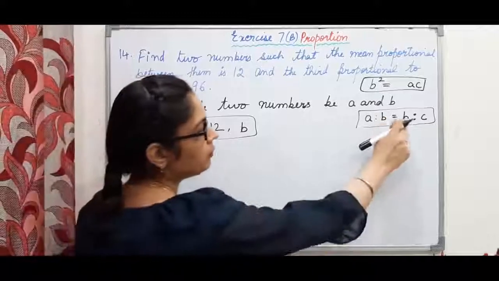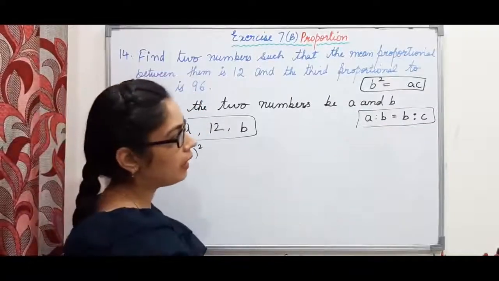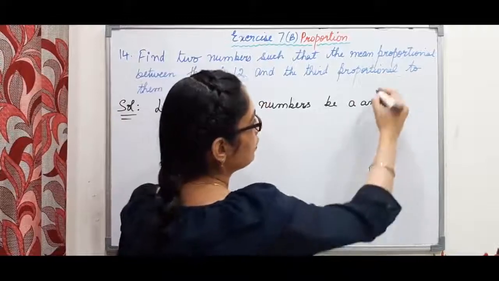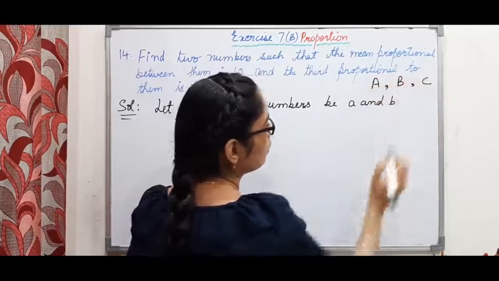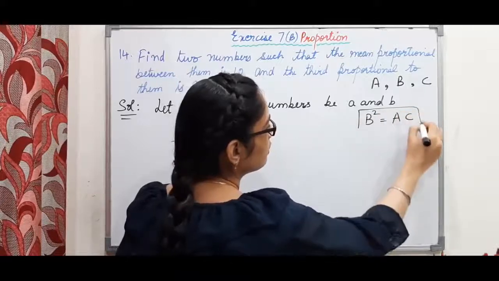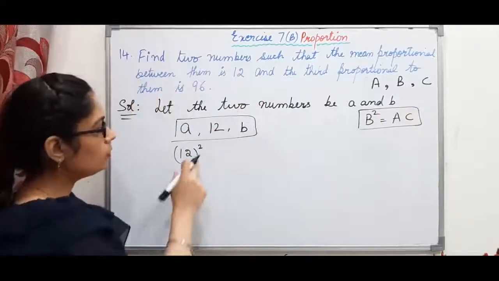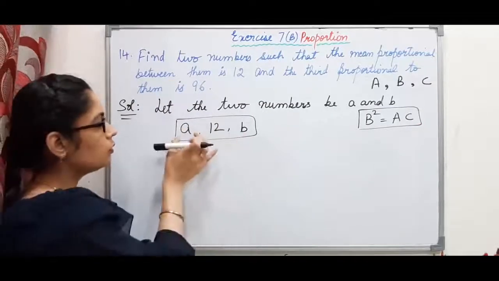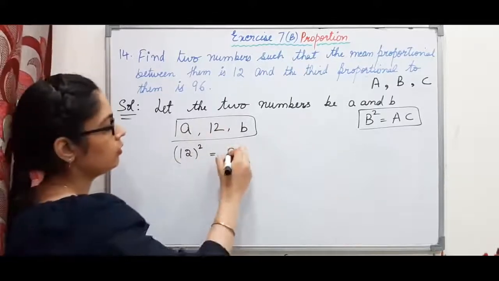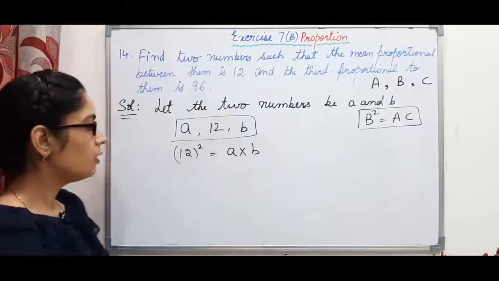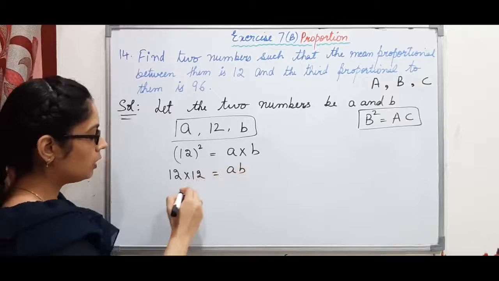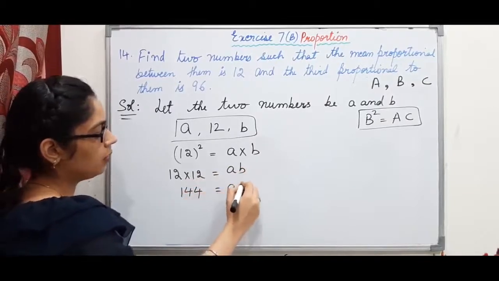In general, let capital A, B, C be in continued proportion; then the square of the mean proportional equals the product of the first and third proportionals. So 12 into 12 equals a into b. 12 into 12 is 144, equals ab.